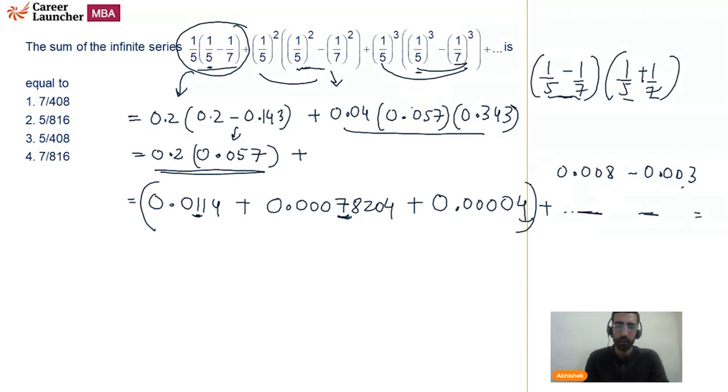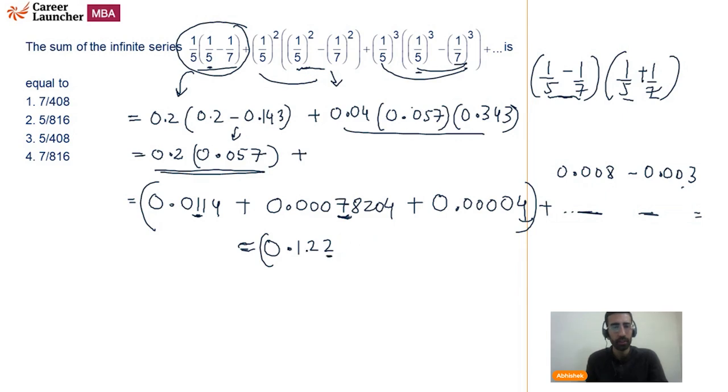So I'm going to add these three terms, 0.00078204, and the first term 0.0114, and we end up with a value of 0.0122 something. So 0.0122, our answer should be here.